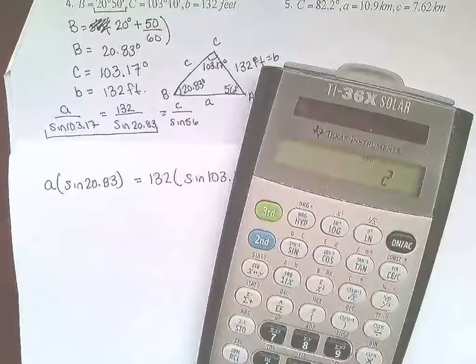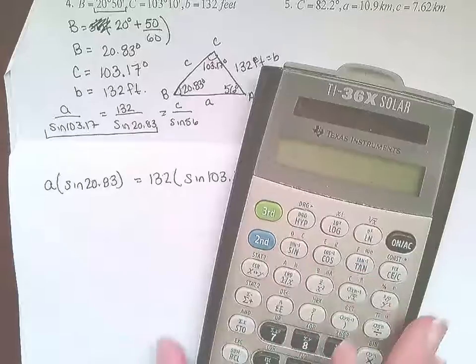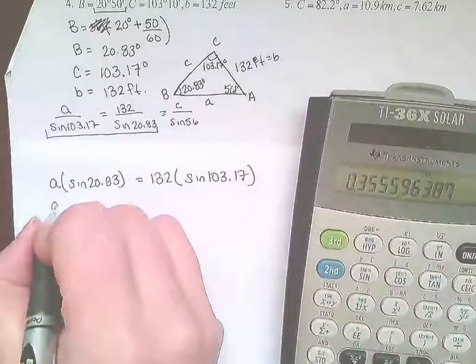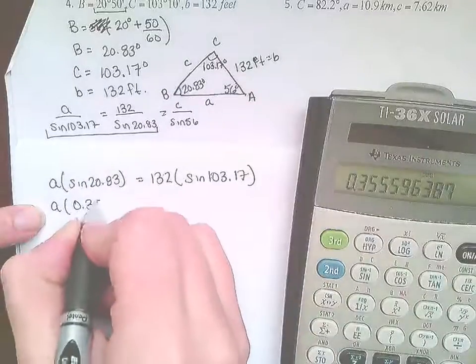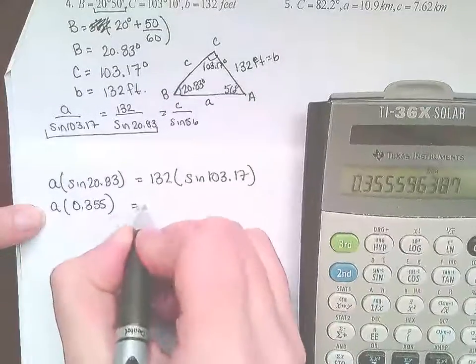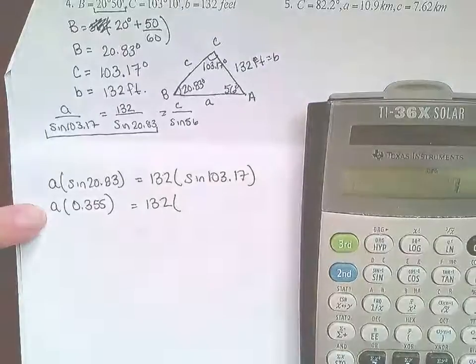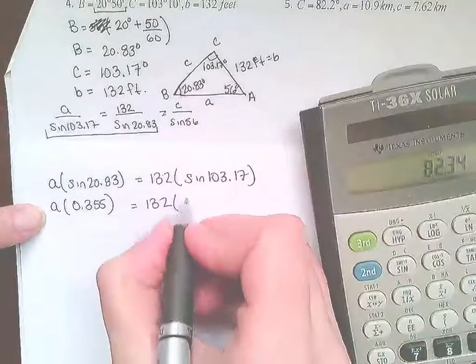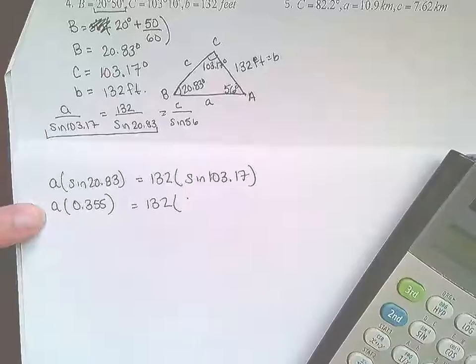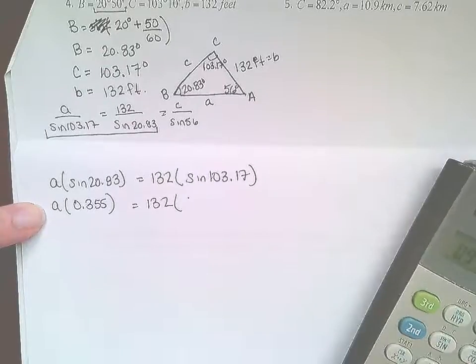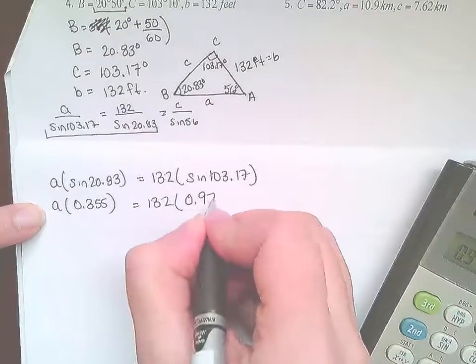Sine of 20.83 is just 0.355, and sine of 103.17 is 0.974.